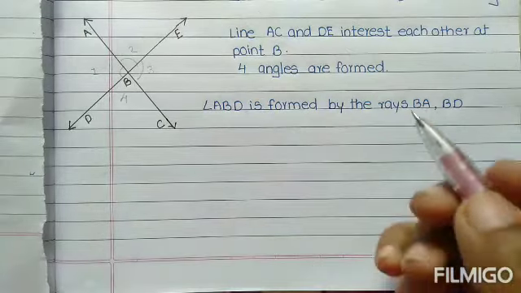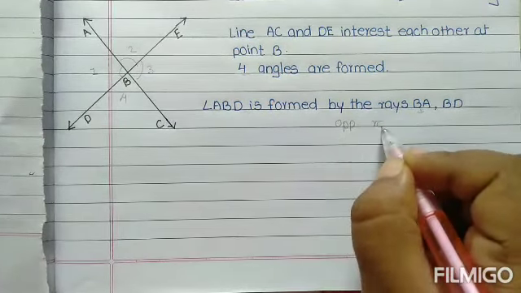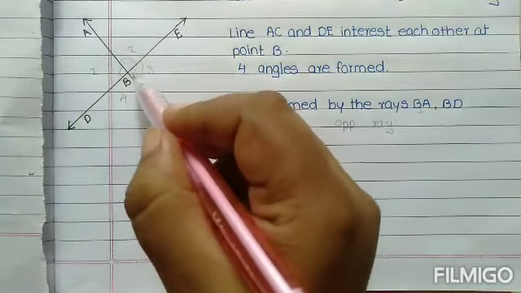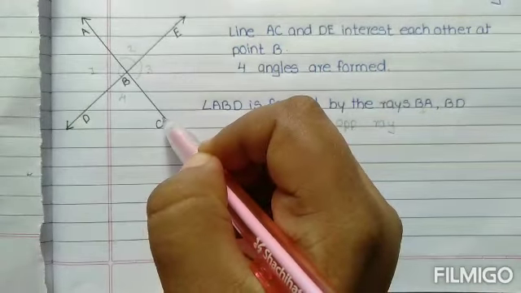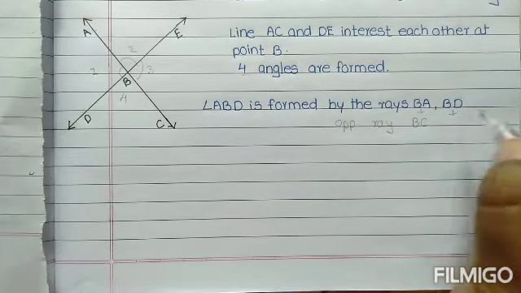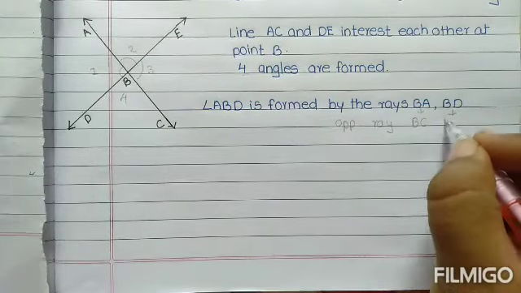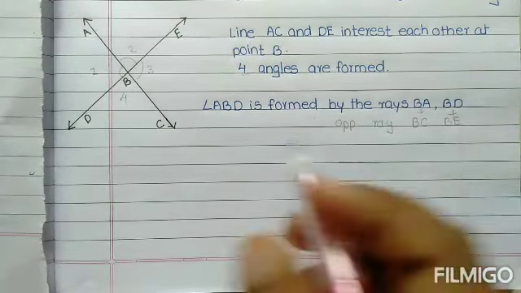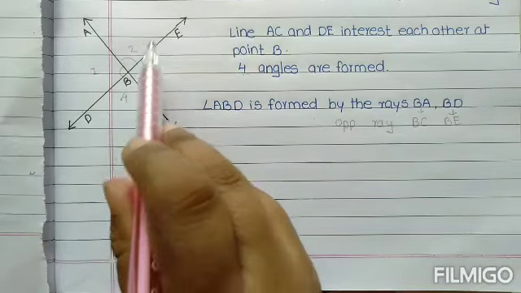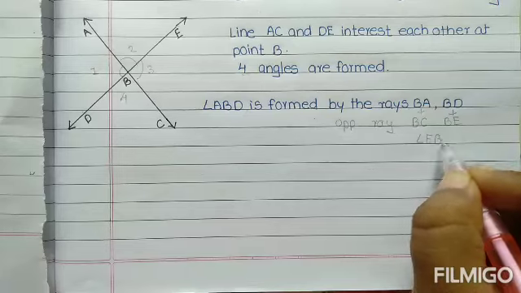As we learned about the opposite ray, what is the opposite ray for BA? It is BC. The opposite ray for BA is BC. And the opposite ray for BD is BE. BC and BE form an angle EBC.